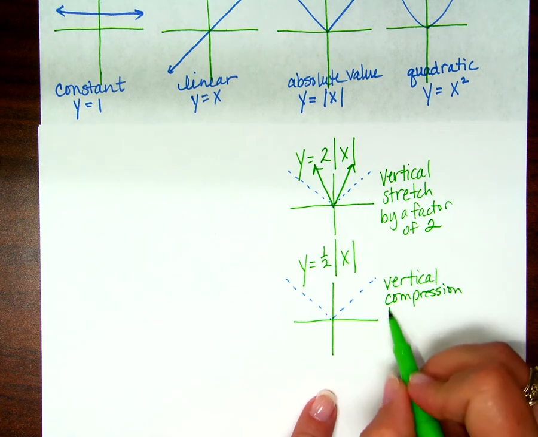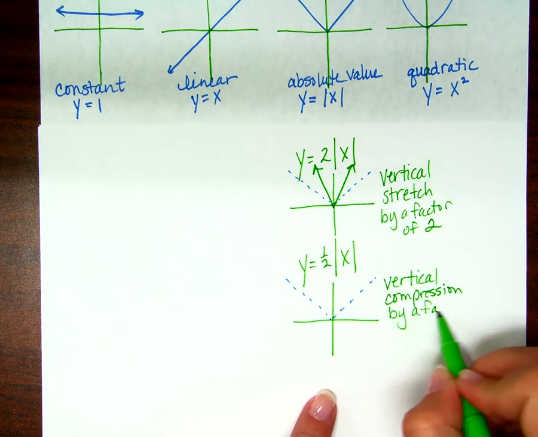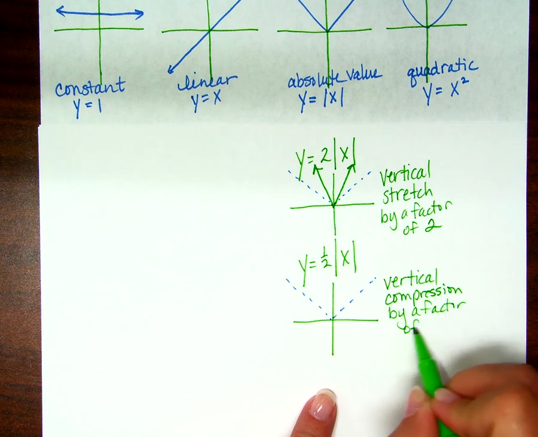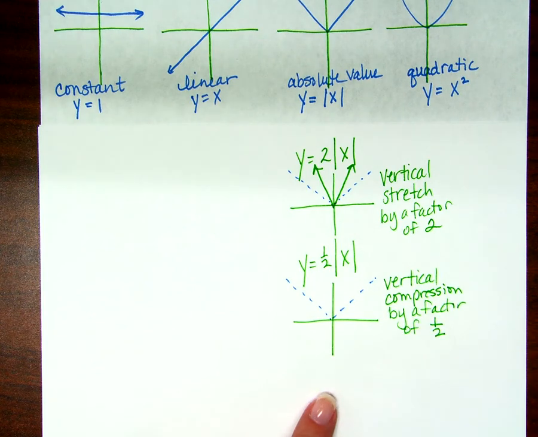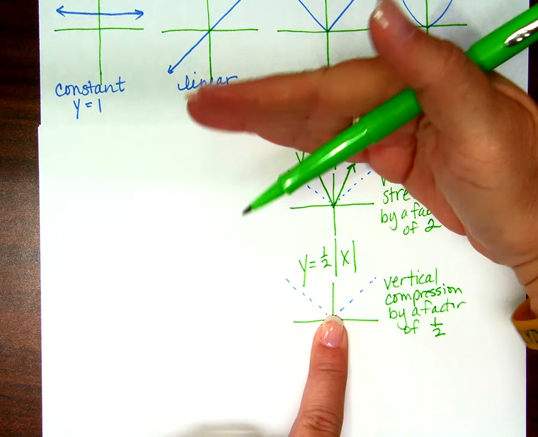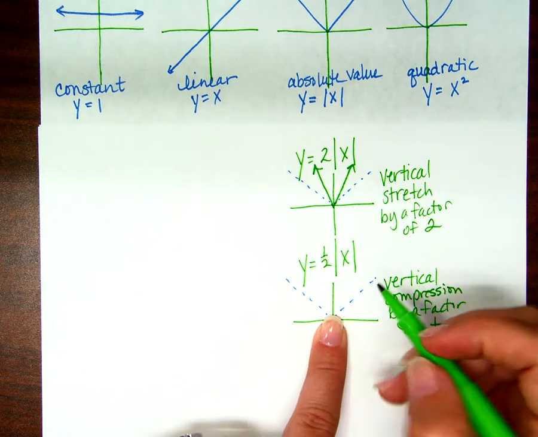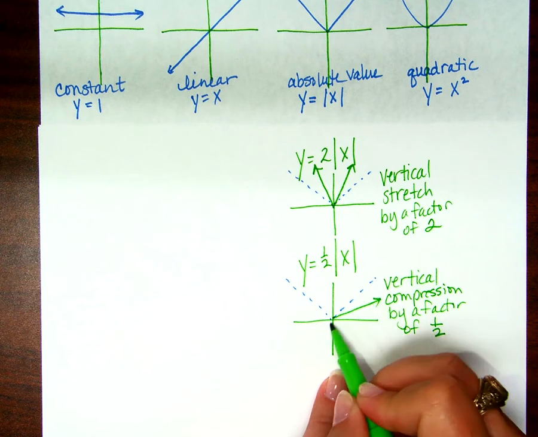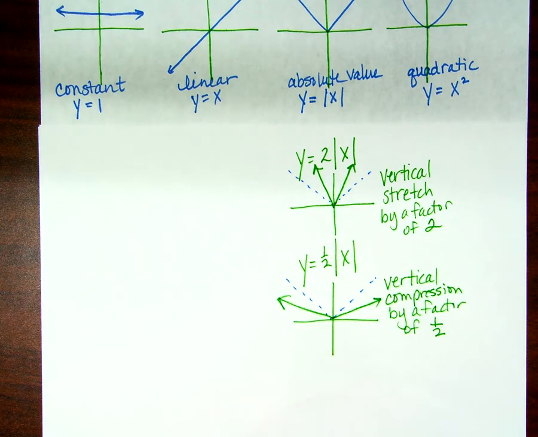Okay? By what factor? Whatever the multiplier is. What does its graph look like? If I hold on to here and compress it, what's going to happen? It's going to squash, so it's going to be half as tall as it was before. Any questions about that?